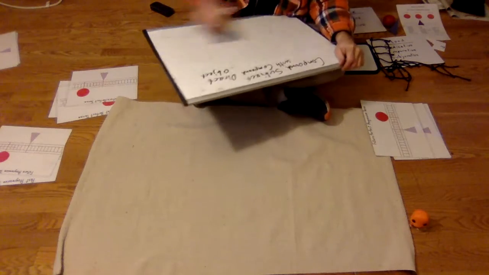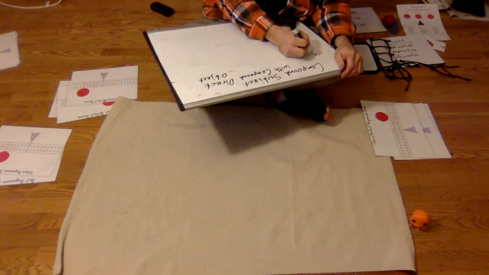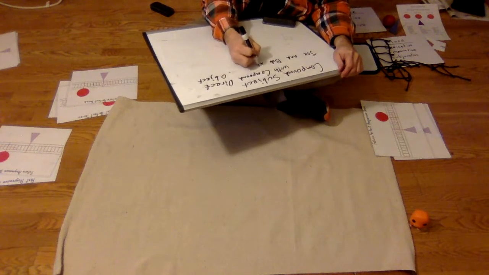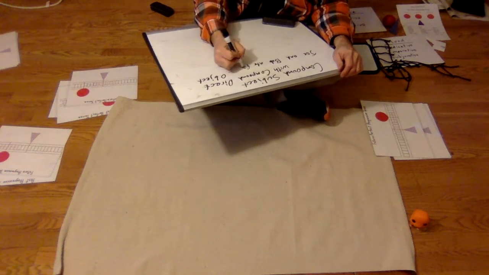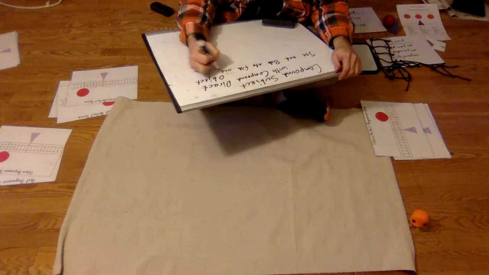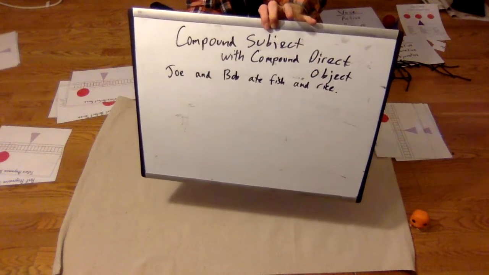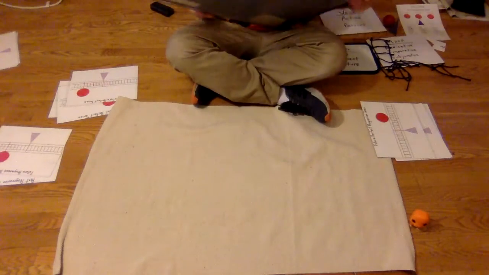Okay, so let's go back to that sentence. Joe and Bob ate fish and rice. All right, so Joe and Bob ate fish and rice, except for this time it's labeled correctly. Sorry about that.